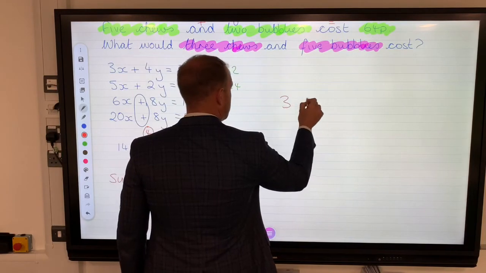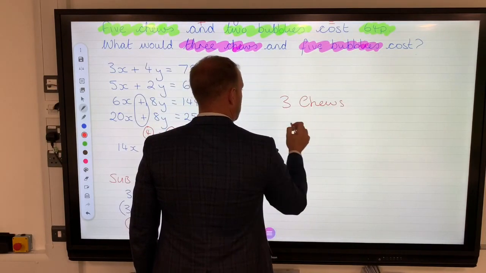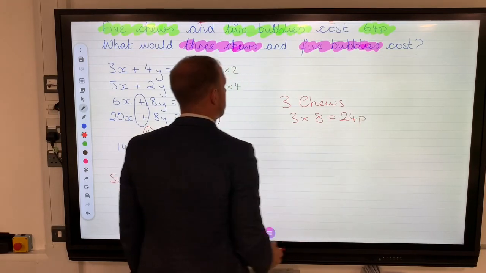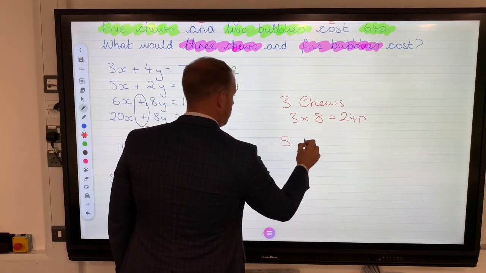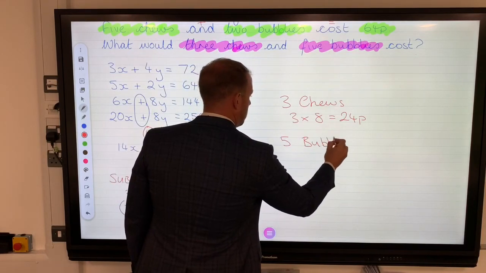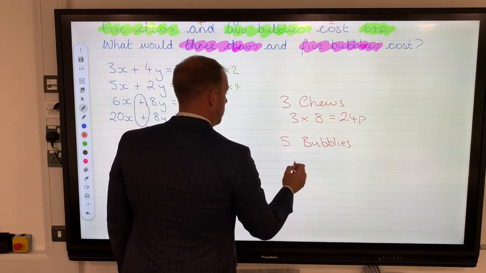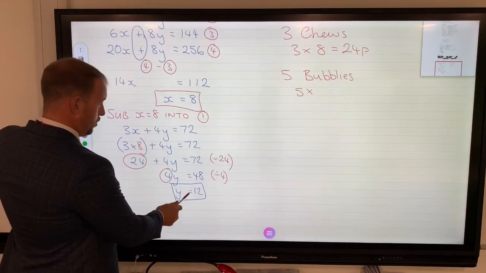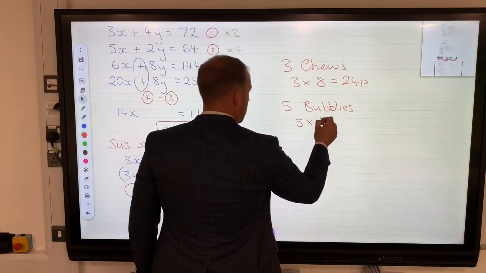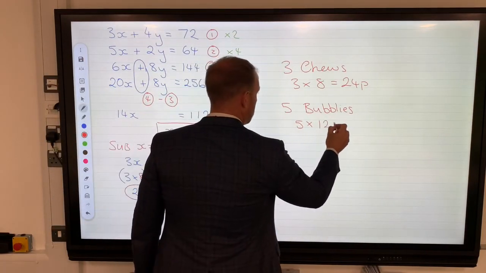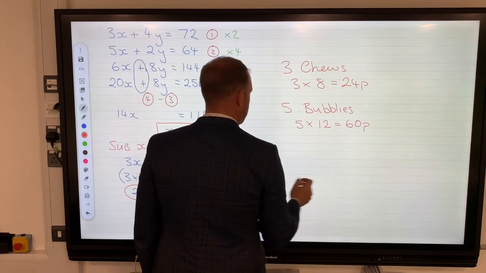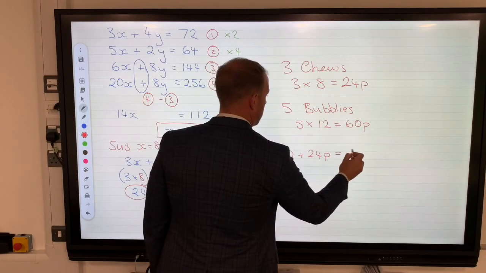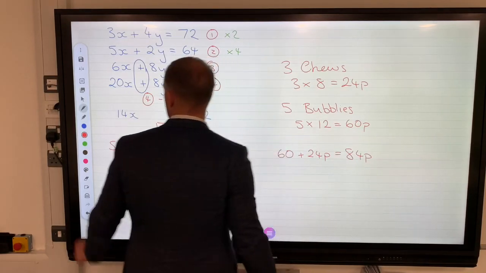So I've got 3 chews, which would be 3 times 8, which is 24p. 5 bubblies, so 5 times 12, and 5 12s are 60p, so let's put them together, 60p, add 24p, 84 pence.